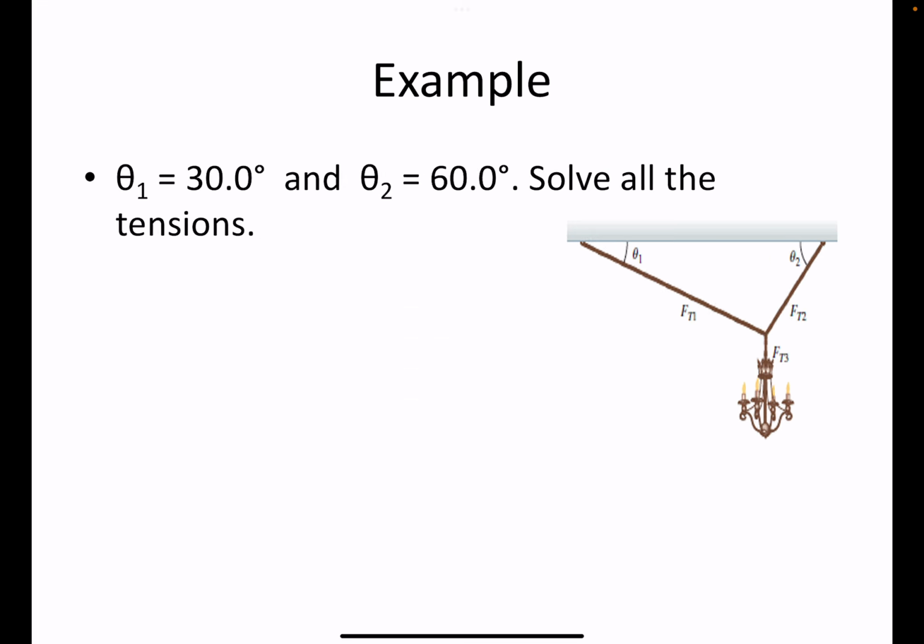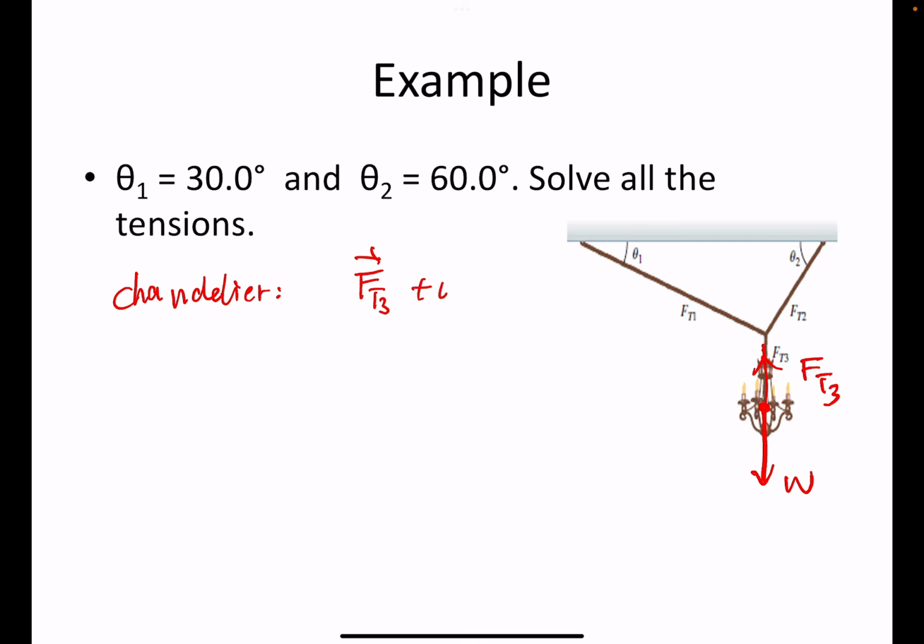So let's first look at the chandelier. Do a free body diagram of the chandelier. It has weight and it has Ft3, just two forces acting on the chandelier. So they have to add up to 0. There are only two forces, right?